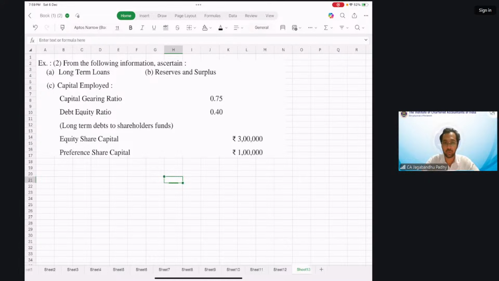Long-term loan, you got it. Capital employed. Okay, let me answer it quickly. So we have a capital gearing ratio, we have a debt equity ratio, right?